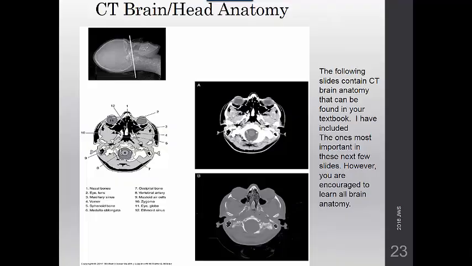The following slides contain the CT brain anatomy that's found in your textbook. I've pulled out these 4 or 5, I'm not sure how many there are, as pretty much the most important that you might need to know. But I do encourage you to go back and learn all of this brain anatomy, because they may ask you anything on the registry.